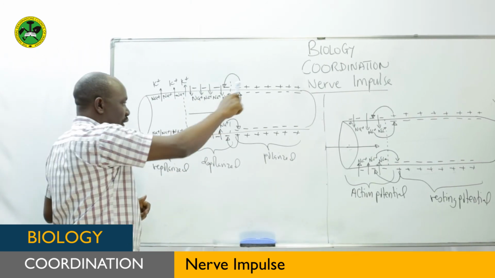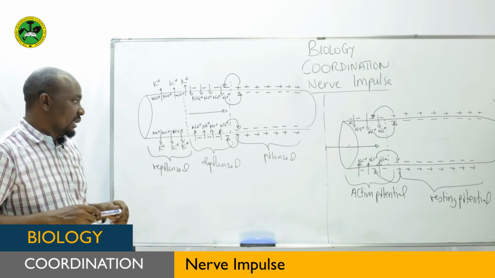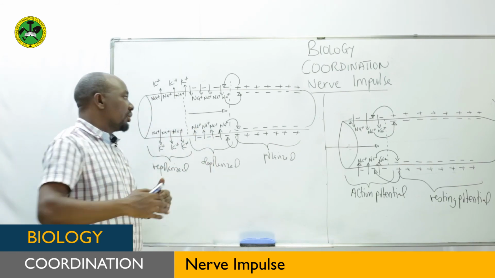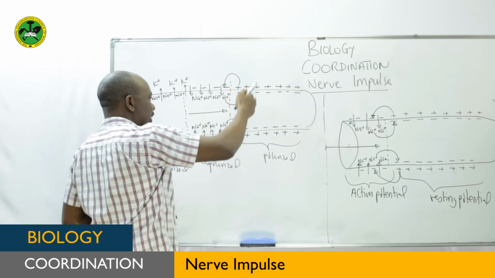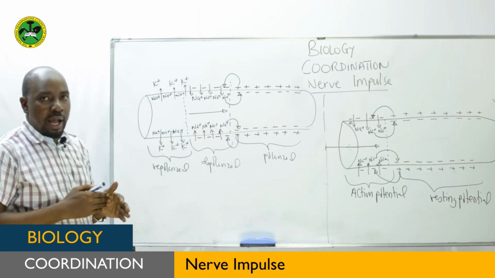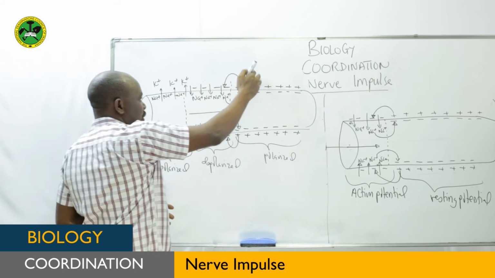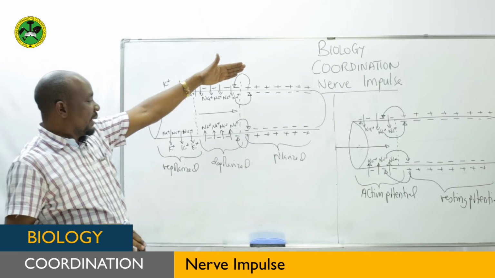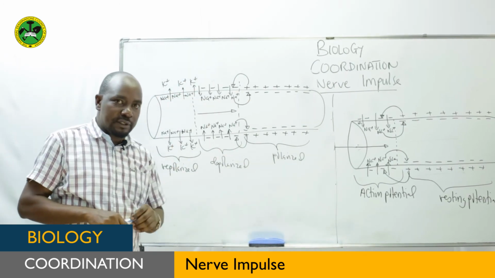So the creation of the local circuit tends to depolarize the axon membrane, causing the opening of the sodium gated channels, and the sodium rushes into the axon plasma. And when they rush in, the membrane becomes more electronegative outside and more electropositive inside.